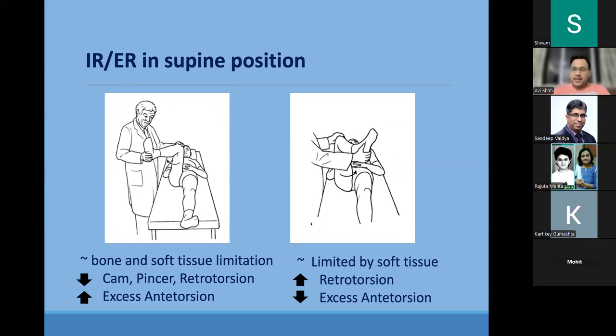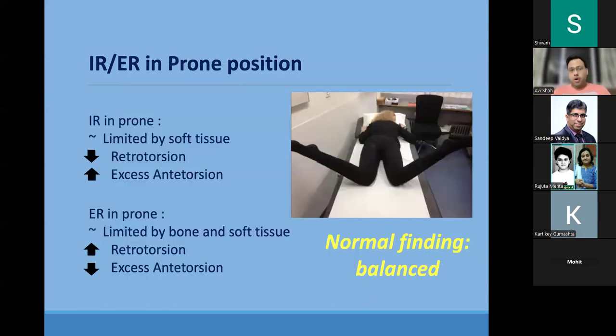If it is less, it can be because of some kind of FAI pathology or retroversion. Similarly, in supination, if your external rotation is more, usually it is because of retroversion. And if it is less, it is because of anteversion. Though there can be other causes of impingement, this is just a general idea of where your brain should be going if you see these.